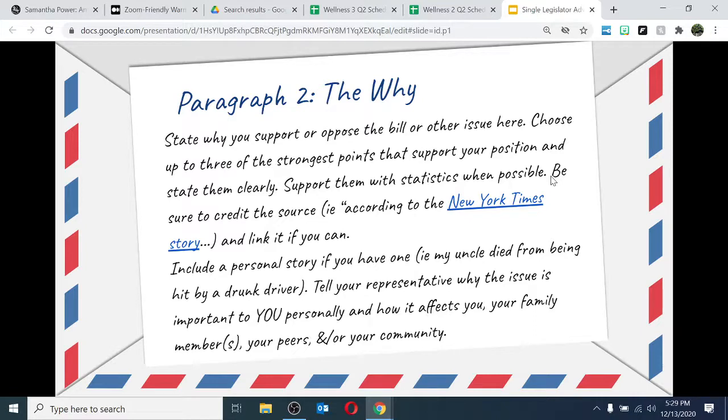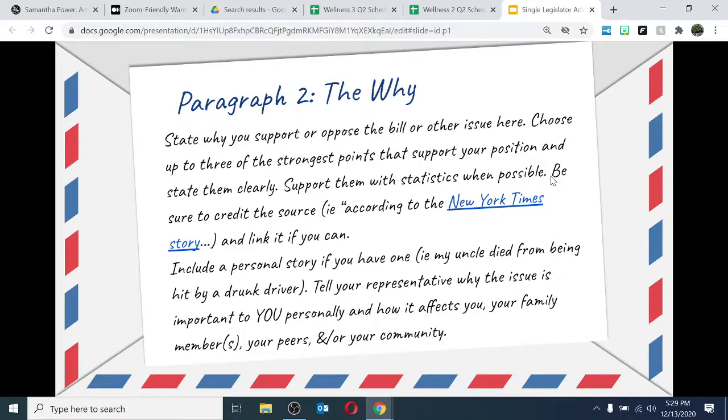Things about your topic. Now, if the person who the letter is going to be from has a personal story, right? I see how alcohol abuse or opioid abuse affects my classmates, or maybe you had a cousin or somebody that was affected by it. Whoever has a personal story that they could share, that's who the letter should be from.